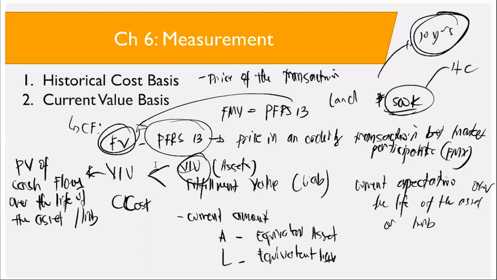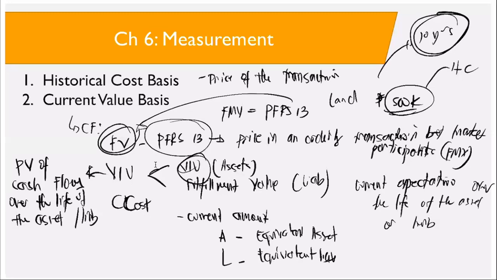On your fair market value, what we have here is a similar asset or a liability. So whatever is the particular price that is set in the market between the market participants, that is your fair value. While in your current cost, this is the current amount only. However, this is on an equivalent asset or equivalent liability. Not so similar, but only equivalent.